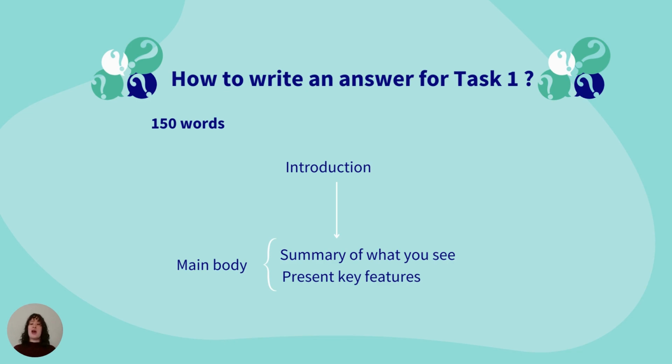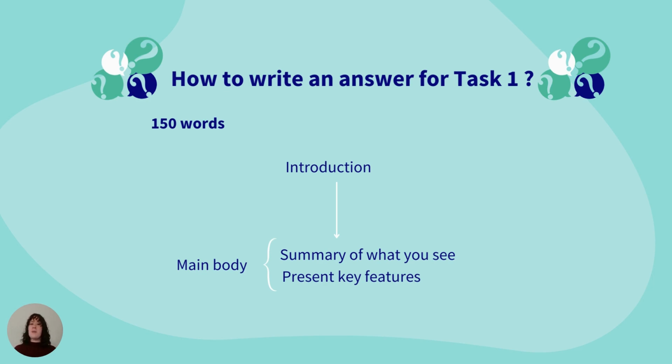Before we get into our example question for today, let's take a quick look at how to write a Task 1 answer. If you have been following along with this video series, you may already have some ideas as to how you should approach answering a Task 1 question. But let's take a quick look at the basics now. Your answer needs to be around 150 words.